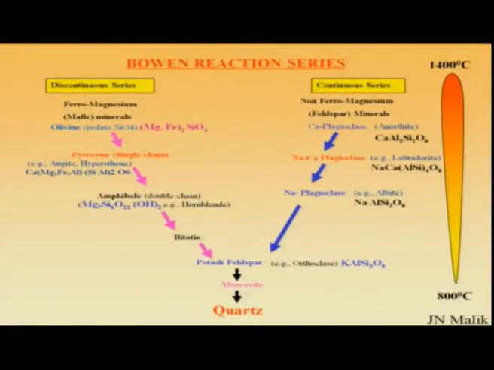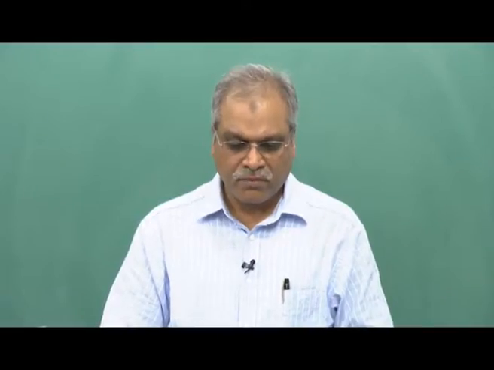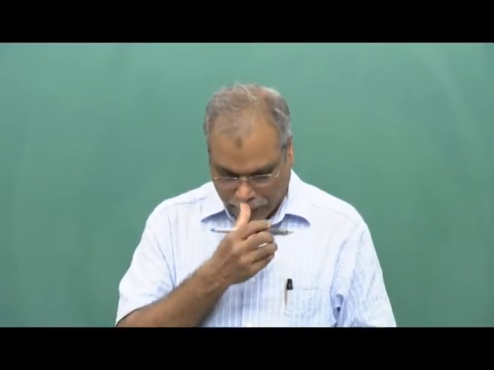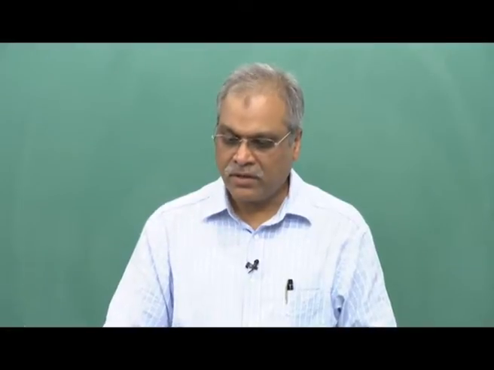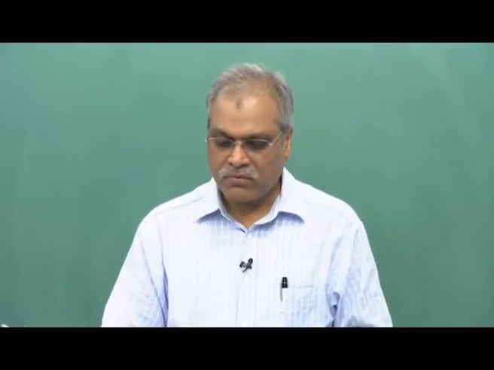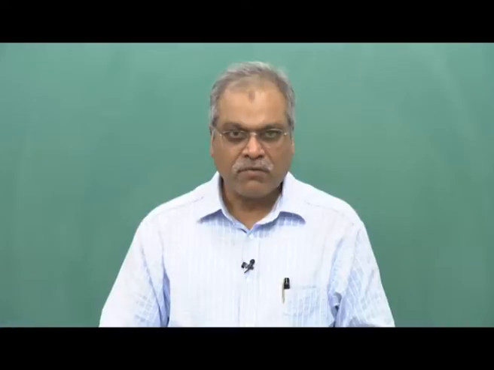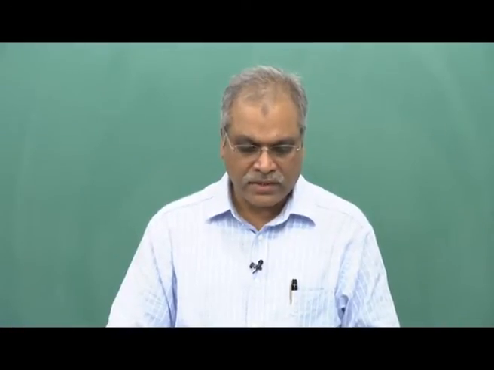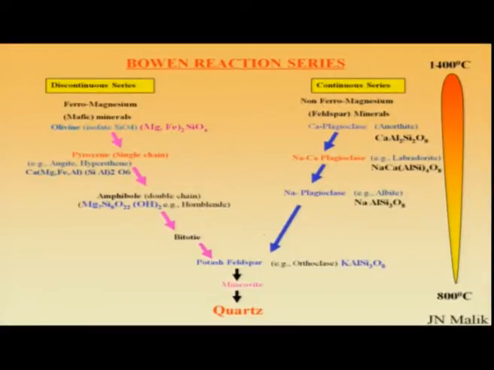As we discussed in the lecture on minerals, we looked at the continuous and discontinuous series, and how minerals are formed at different stages, and as we discussed in the beginning, the cooling of magma will affect the formation of different crystals and different minerals.